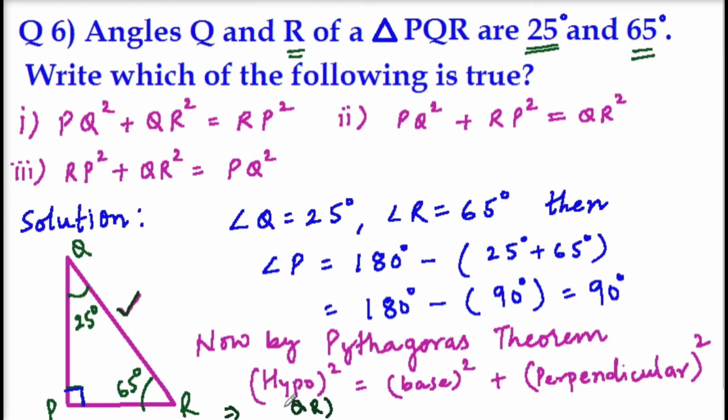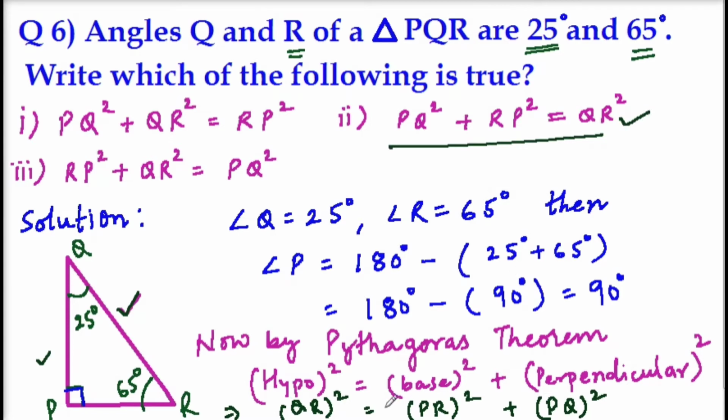So the hypotenuse is QR whole square equals to base is PR whole square plus perpendicular is PQ whole square. So from the given three options, it is matching with second option. So we can say option 2 is correct option, or we can say option 2 is true.